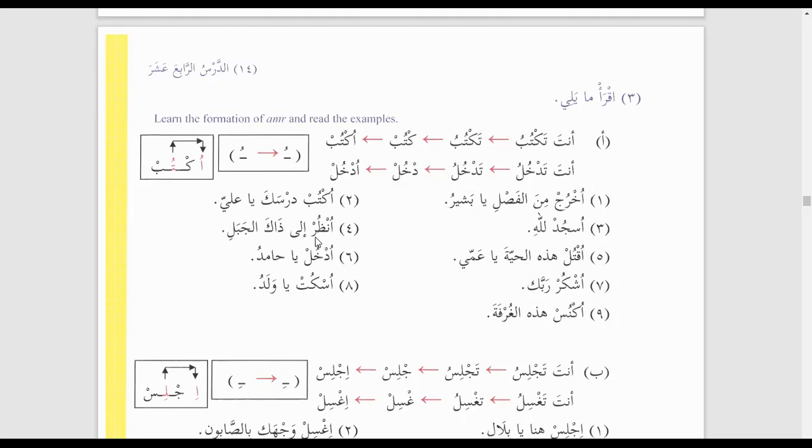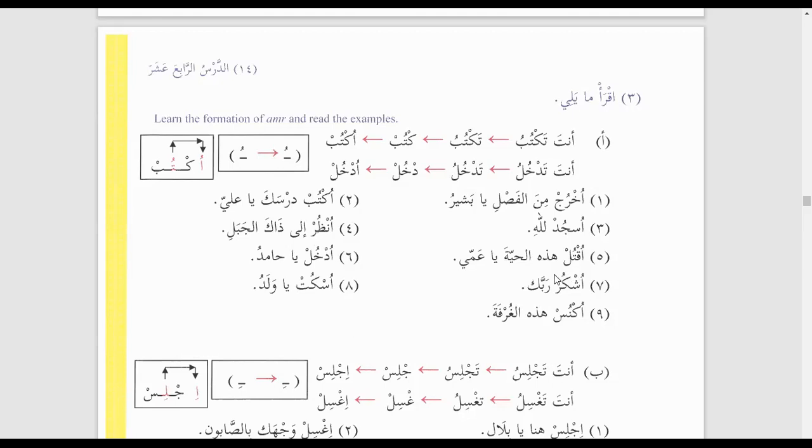Okay, next is unzur ila dhakal jabali. Look at that mountain. Unzur. Again, this is fi'l al-amr, and as we can see here that all of them are from the family of nasara, yansuru, right? That's why all of them have dhamma in the beginning.